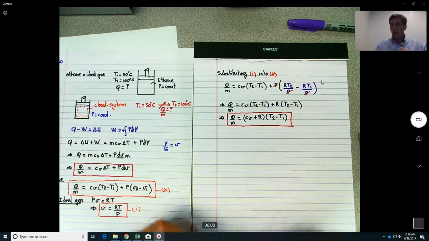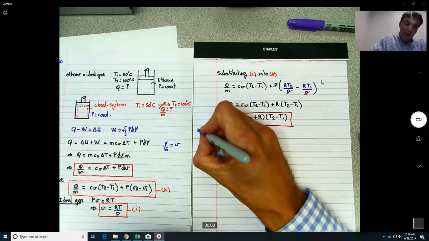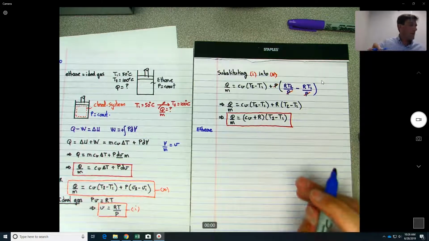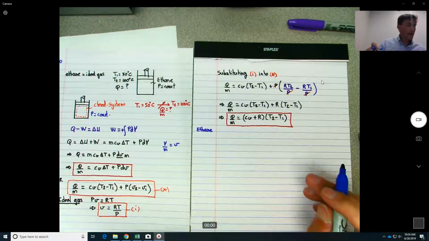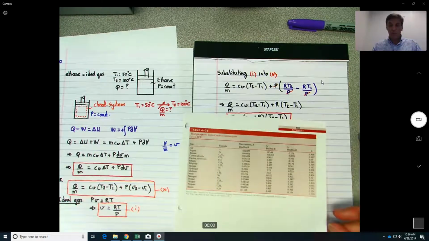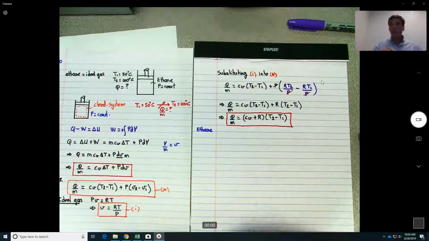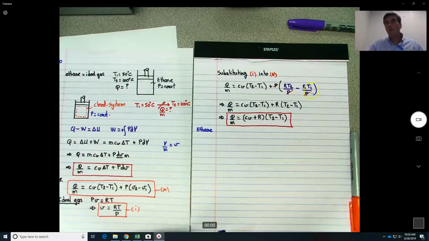Okay, so now we are almost ready to solve. So we know we have ethane as a gas, as an ideal gas. We go to table A, not A2E, but table A2 to find the value for the Cv.